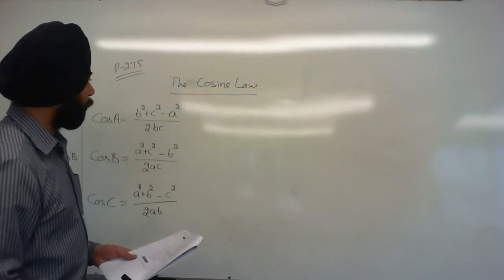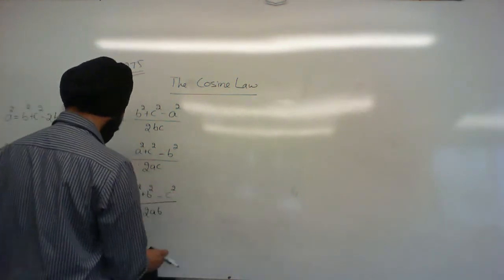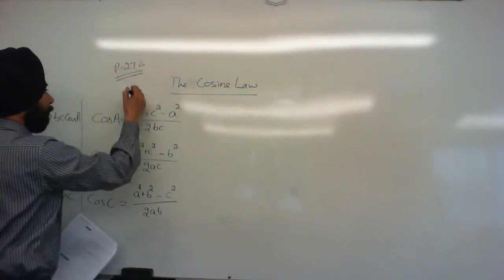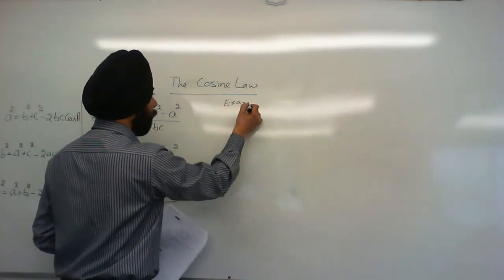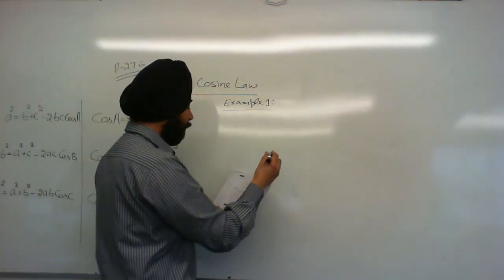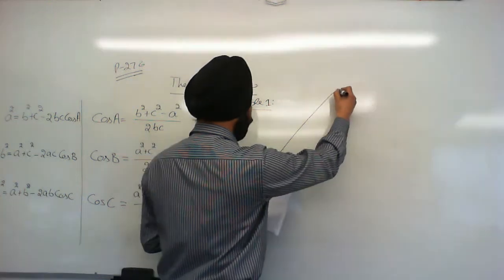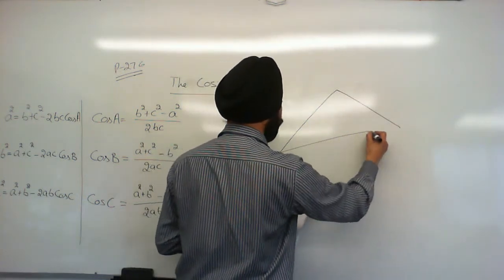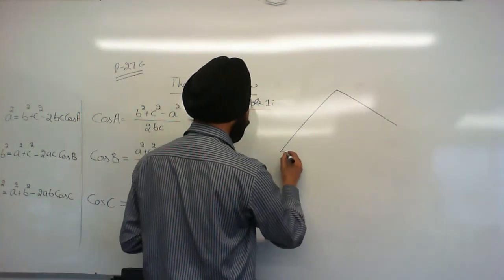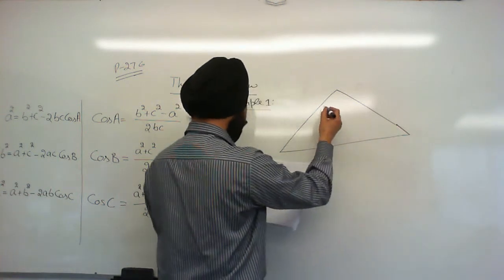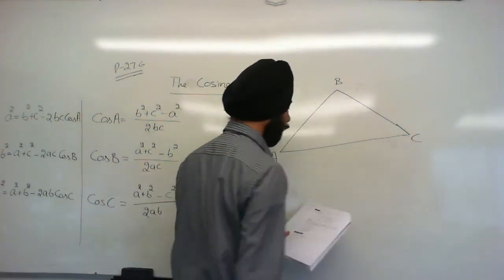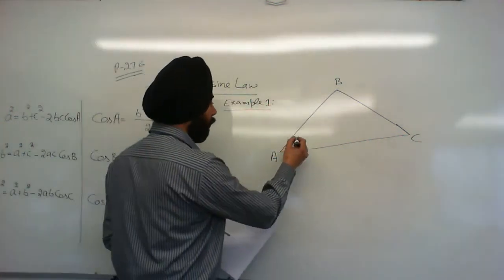Okay, this is example 1 on page 276. The triangle is given as this. This is angle B. This is angle A, and this is angle C. Angle A is given as 43 degrees.